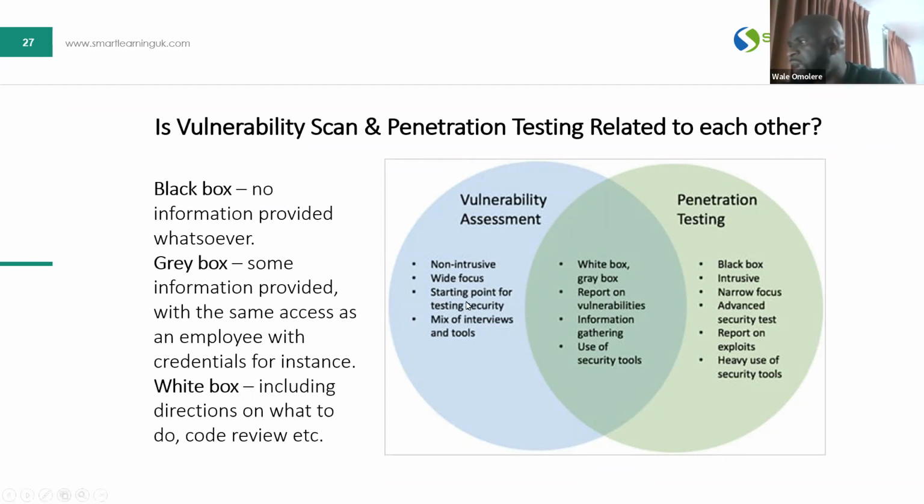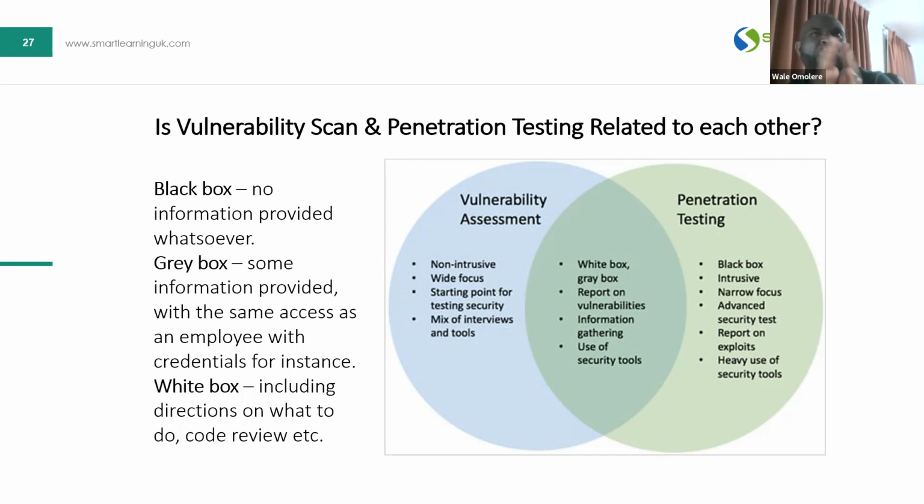Then we also said here, starting point for testing security, all right? And it says the advanced security testing. Yes, because of the frequency, when you carry out vulnerability scanning, you could always just assume that it's non-intrusive.